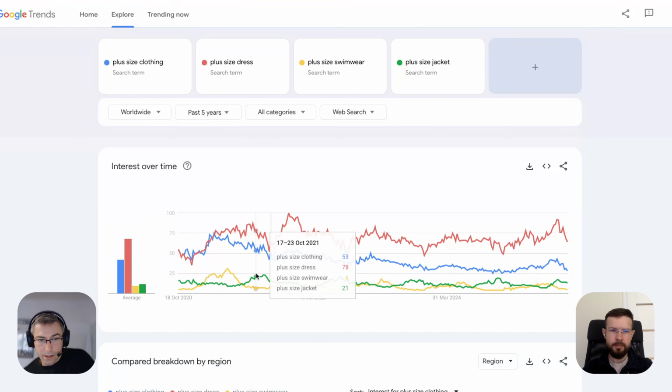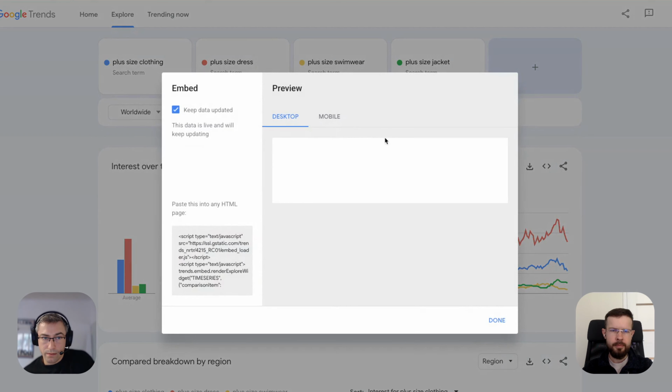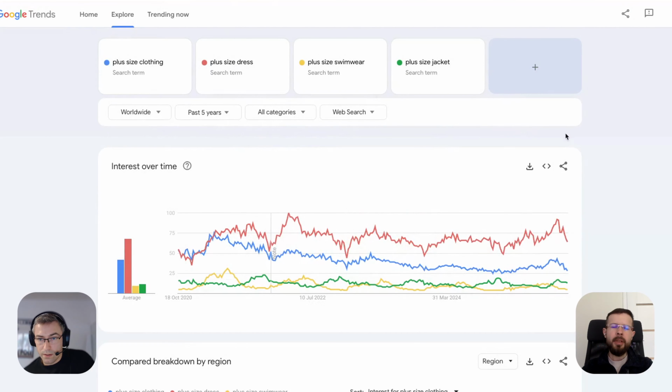And then the next problem is that jackets actually represented quite a significant share of the sales every year, and swimwear not that much. So there was a need to adjust the weights. So we download this data.